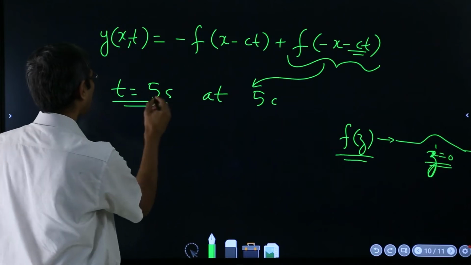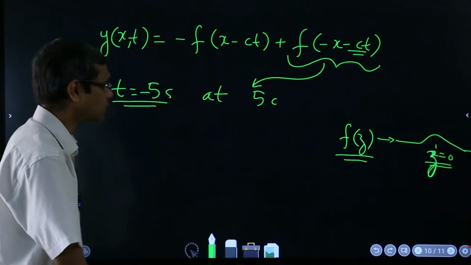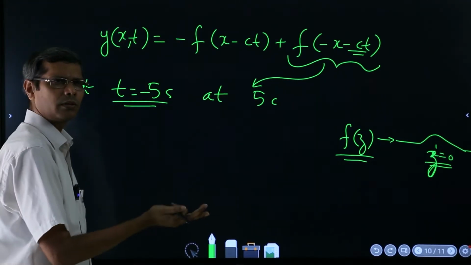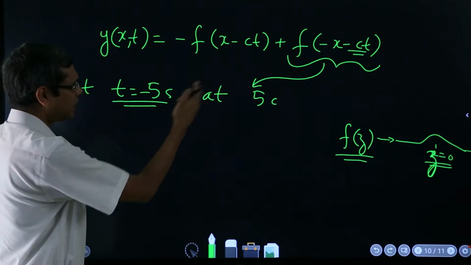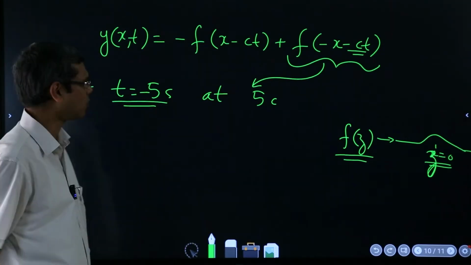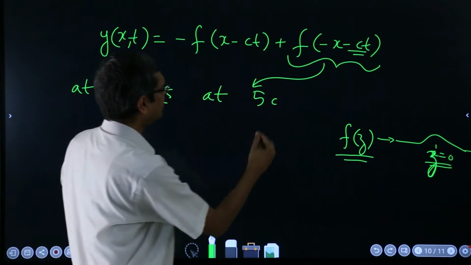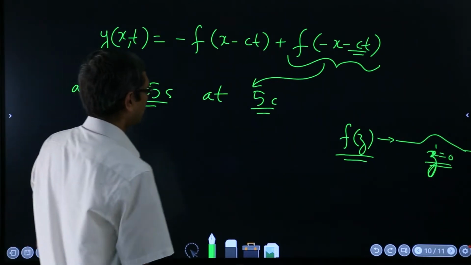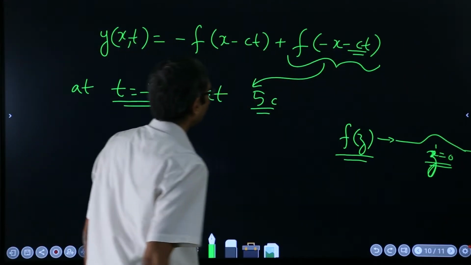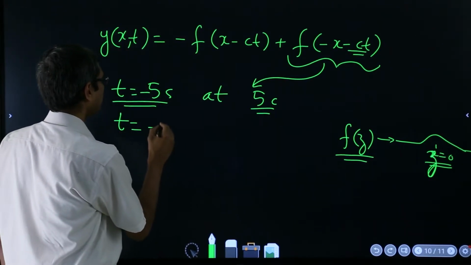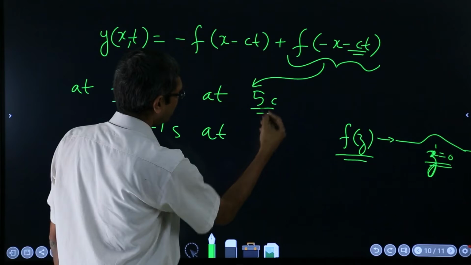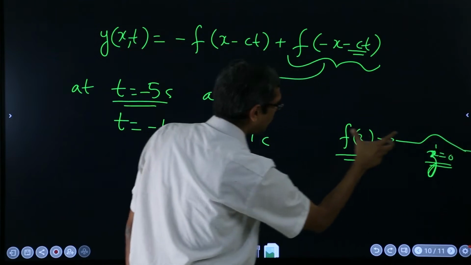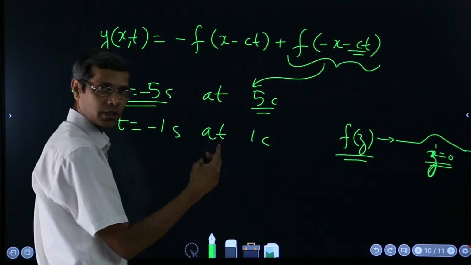I was actually trying to see a time earlier than that, so t = -5 seconds, sorry for that. Before the time actually started, imagine where it was, then we come to 0 and move forward. At t = -5 seconds it will be at 5c, because this becomes plus. At t = -1 second it will be at 1c. So this part is moving in this direction with speed c.